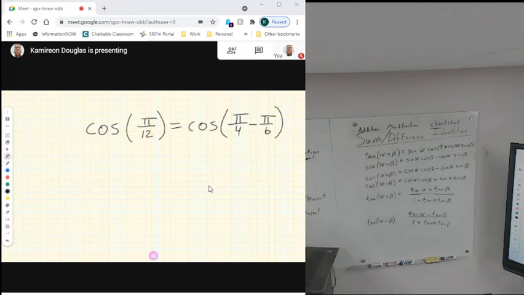Now, if you convert this into degrees, this is asking for cosine of 15 degrees. 15 degrees we can find by doing 45 minus 30. 45 is pi over 4, 30 is pi over 6. Thus, I have my two values.